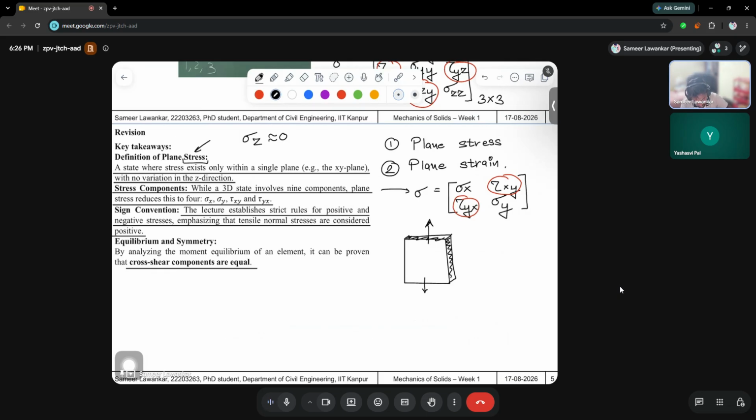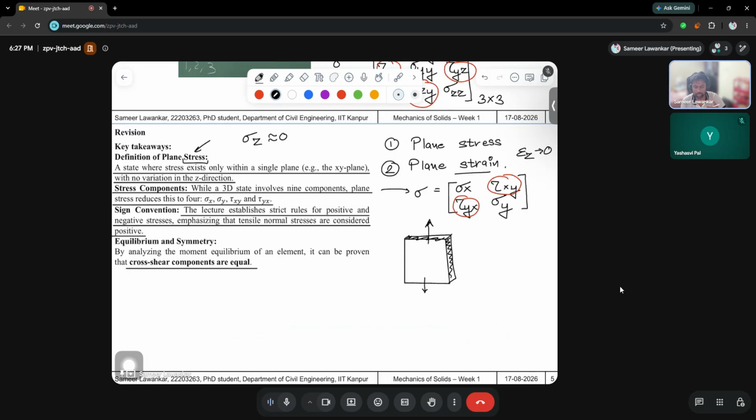Similarly, in plane strain, the amount of strain in the z direction is 0 or approximately 0. When does it happen? It happens when the length along one direction is infinitesimal, or we assume it to be. Those are called plane strain problems.